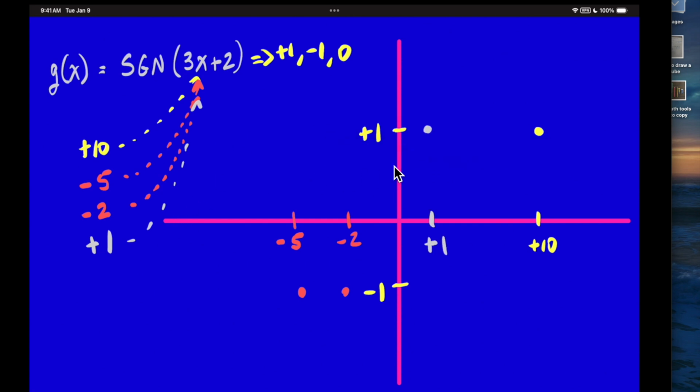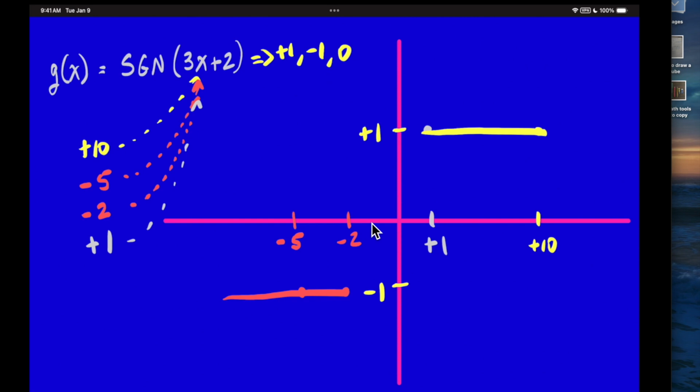We're coming to a critical position here where these values for x result in negative inside the parentheses, and these values of x result in a positive value inside the parentheses. That results in a y value of negative 1 and a y value of positive 1 respectively. But the question is, what's the switch point?